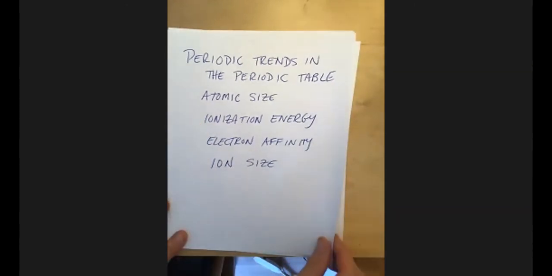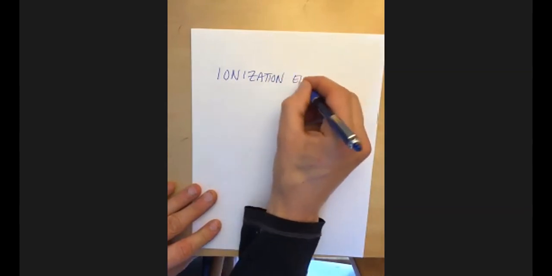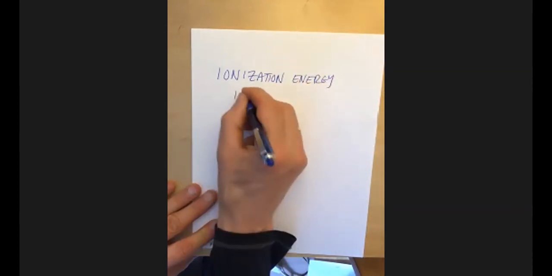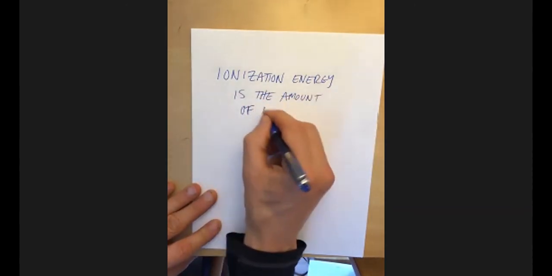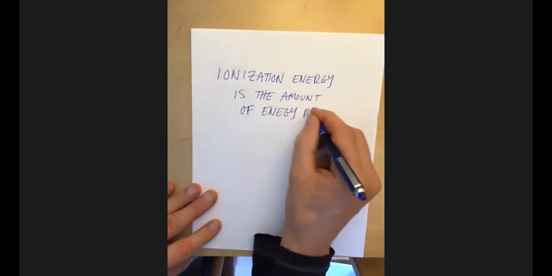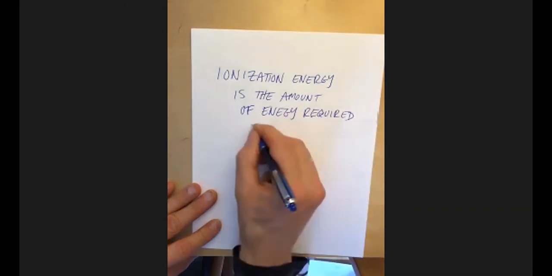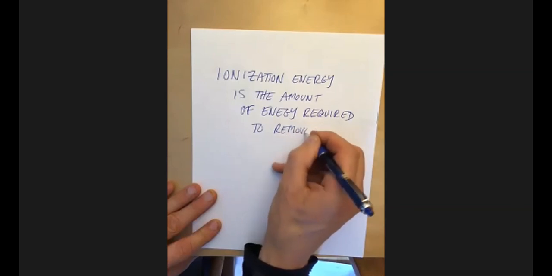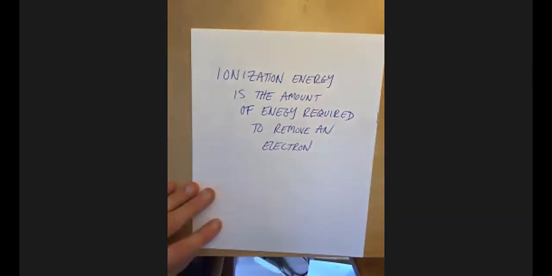Now, the trick with ionization energy is to figure out what ionization energy is. Ionization energy is the amount of energy required to remove an electron from an atom.